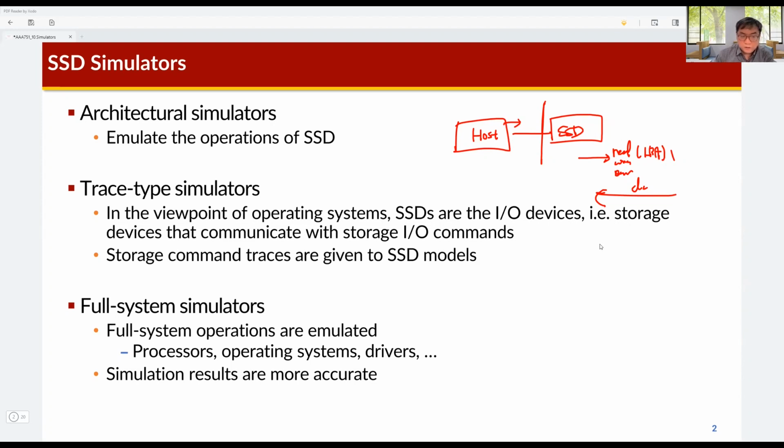So if we just capture these IO commands from the host system, then we can run the SSD part using these commands.